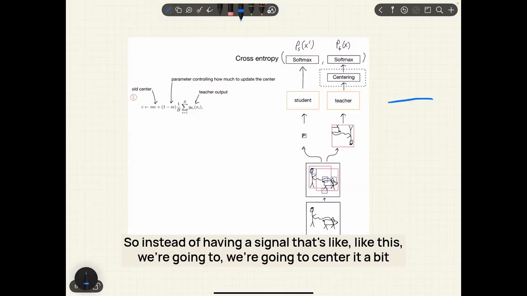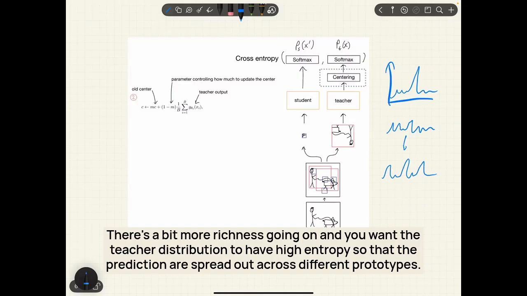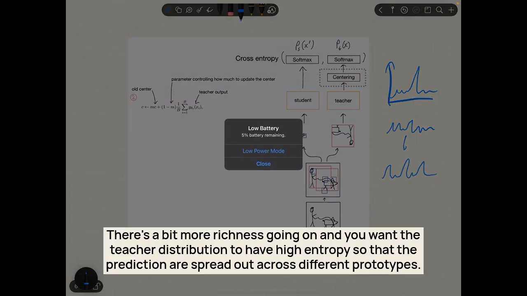So instead of having a signal that's like this, we're going to center it a bit, and then we're going to sharpen it. So there's a bit more richness going on, and you want the teacher distribution to have high entropy so that the predictions are spread out across different prototypes.